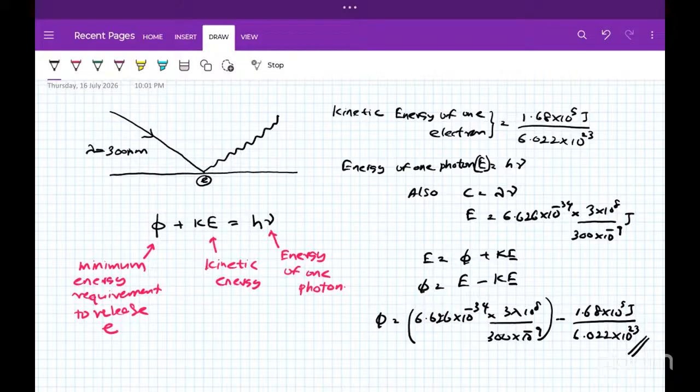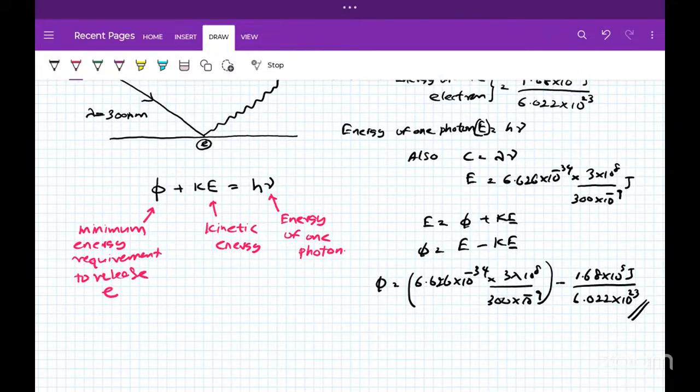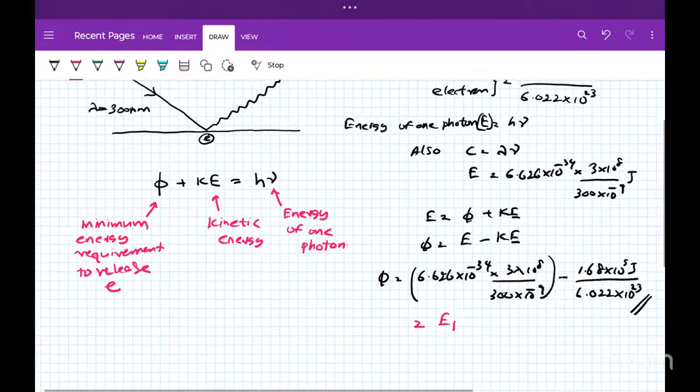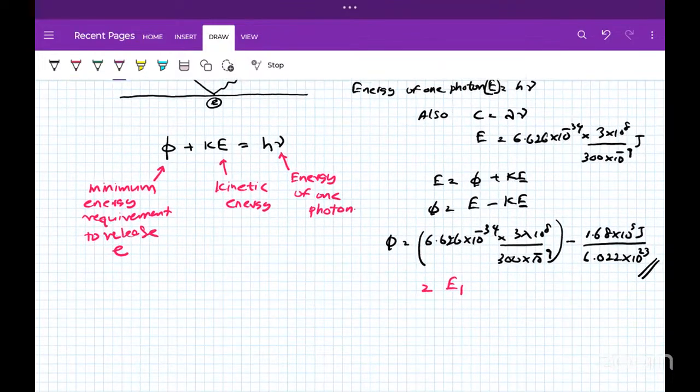Okay. So we can say that psi, let's say this value is E1. You have to calculate this one. I'm not going to do this one. You can do this one. Little bit of math is there. So we can say for the second part, E1 is equal to h nu 1. And we have been asked about wavelength. So this will be C divided by lambda 1.